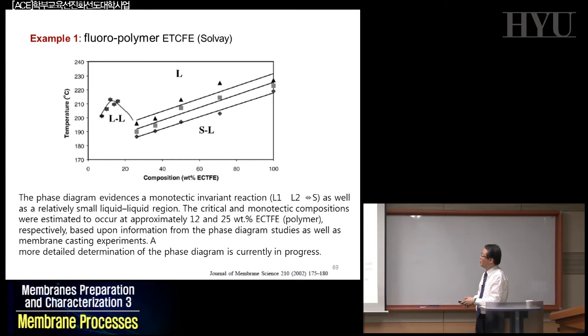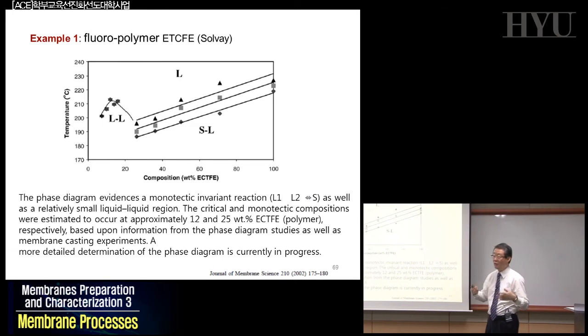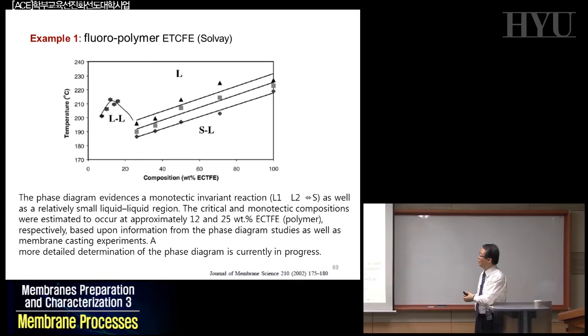So we have a critical point, and again, this is the real point. When they use the fluoropolymer, this is one example of a fluoropolymer. I do not have time to explain the details about these polymers, but it's a fluorinated hydrocarbon polymer from Solvay. What they have done, this was published in 2002, was, by changing the composition, just like the PVDF case, we see the temperatures.